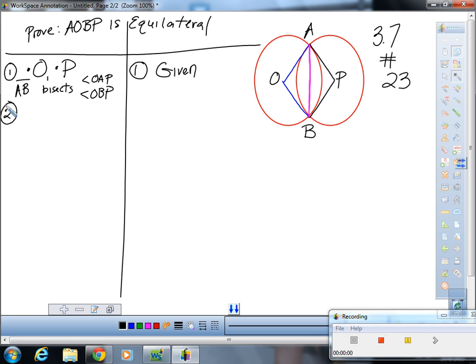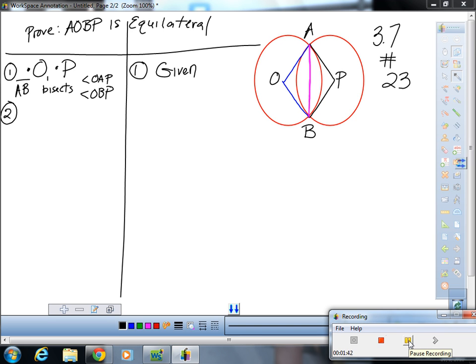I know how to prove... I think I got it. All right, so I could definitely prove that. Oh, that's not that bad. Okay, I got it now. I forgot about the bisect.